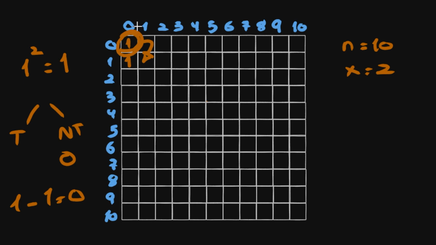So this is the number of ways to make the current column minus power without the current element, and then we add the power for the current element. That's why we need to add this here. So in this scenario in which we take the current element, right now we are here, the result is 1. And as you can see, 1 to the power of 2 is 1. And this is the only way to get 1.